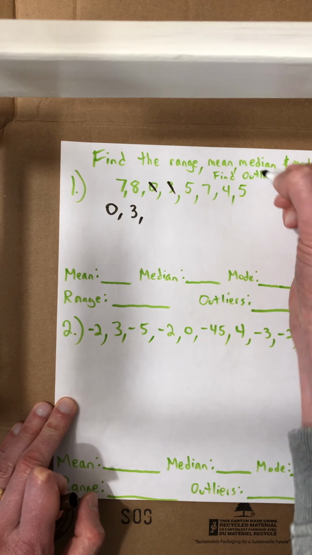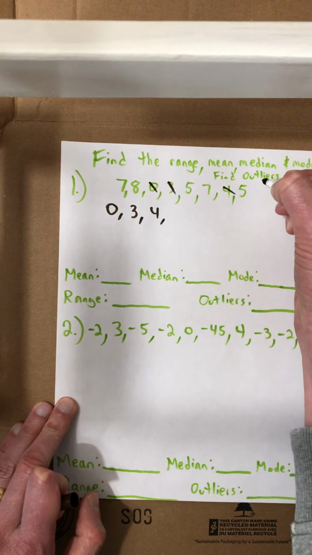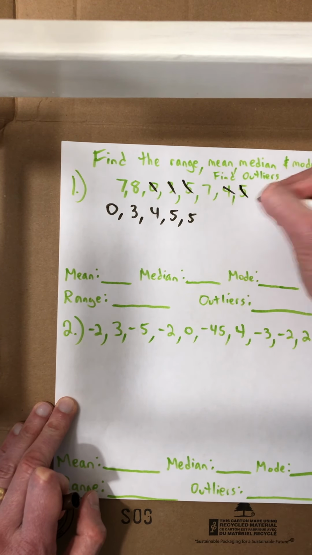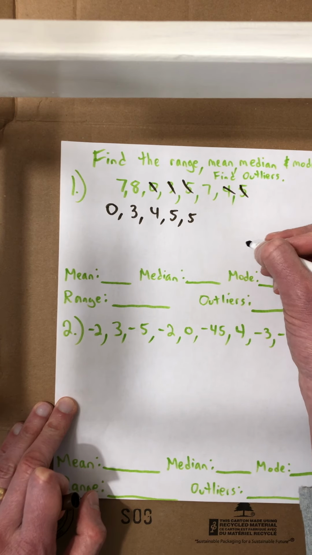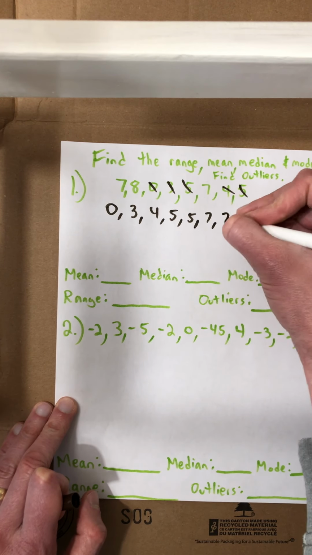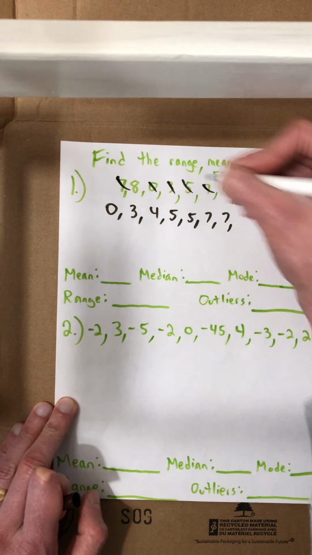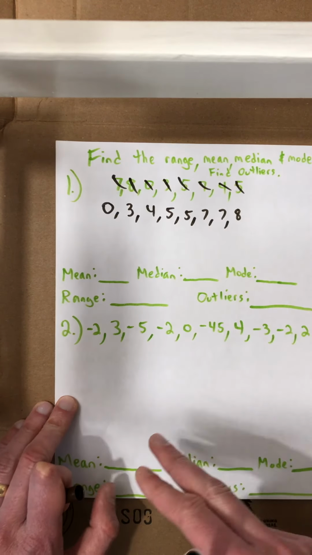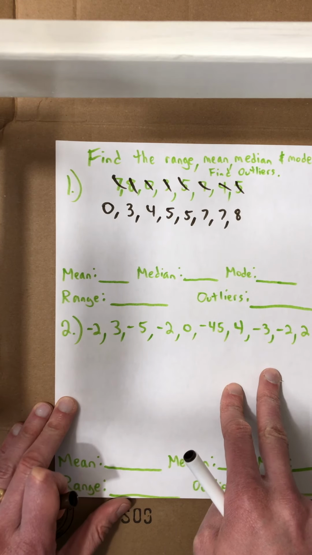My next number is going to be 4. And then I've got a pair of 5s. And then I've got a pair of 7s. And that leaves me with an 8. So now I've got my numbers in order. It'll be a little bit easier to do some of these things.